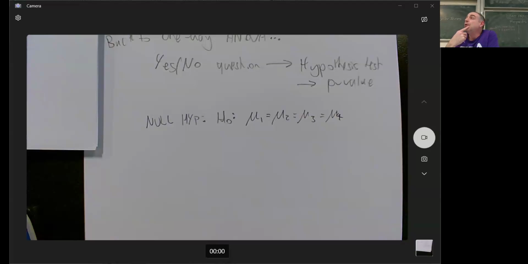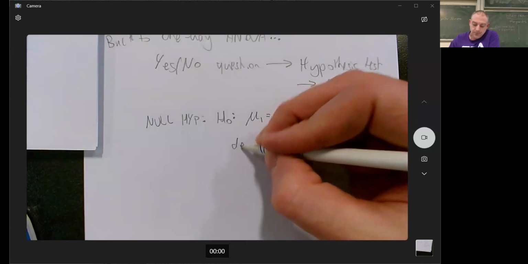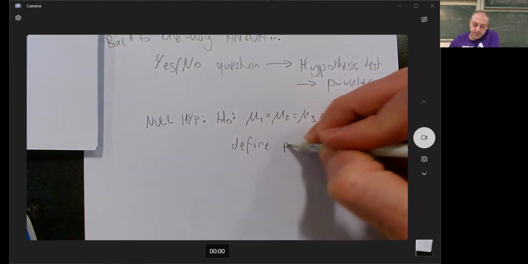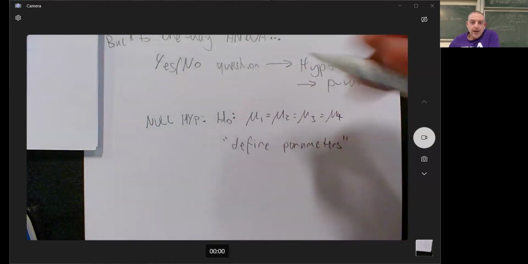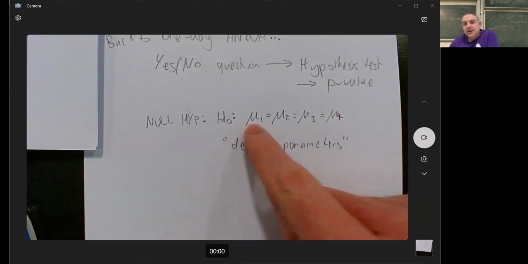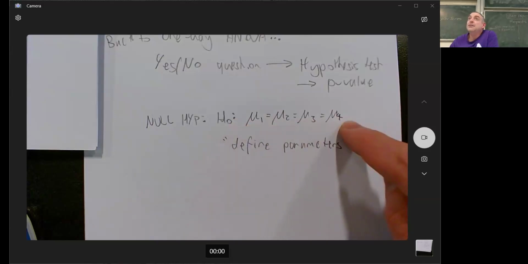So the null hypothesis is that these are all the same, and then you have to tell the reader what those stand for. So there's a bit where your lecturer will usually say, define any parameters you use. A parameter is these letters here. They are parameters.